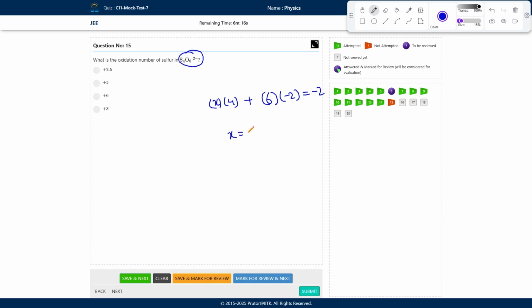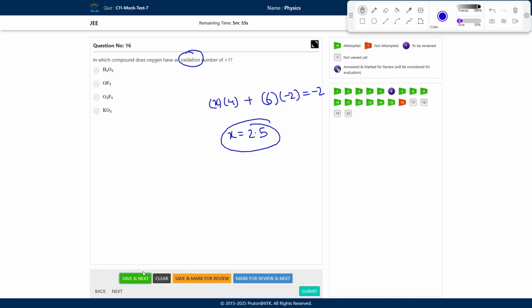If you just calculate it, you will get 2.5. So a fractional oxidation state is of course not a regular one and not acceptable also, but still this is a rule and you have to assign the oxidation state. But if you just draw the actual structure, you will get different oxidation states for sulfur itself.